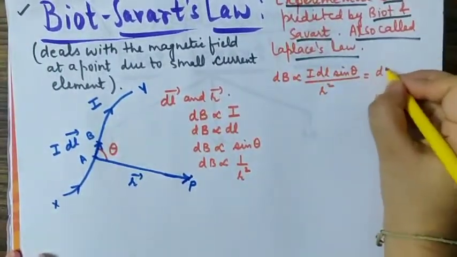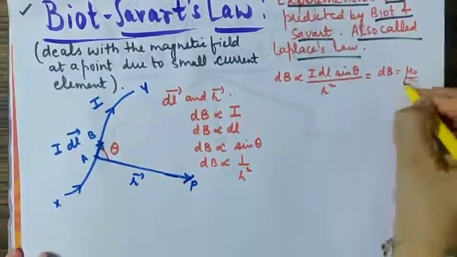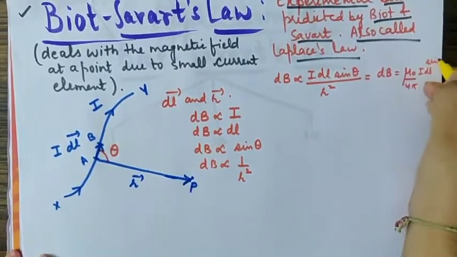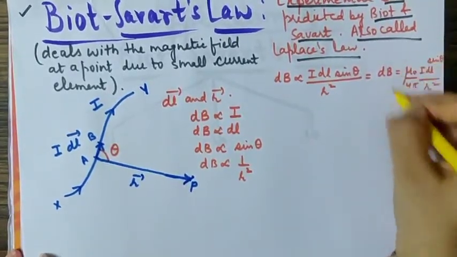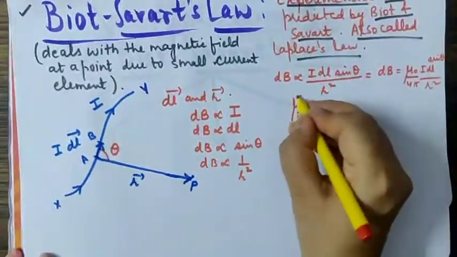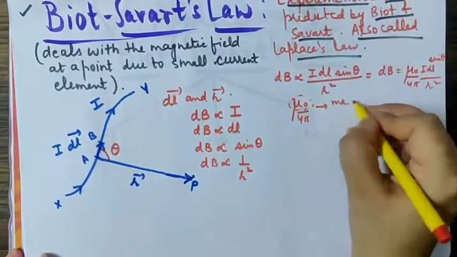Removing this proportionality sign, dB will be equal to mu naught upon 4 pi times I dl sine theta over r square. Now mu naught upon 4 pi is a constant, where mu naught itself is termed the magnetic permeability.